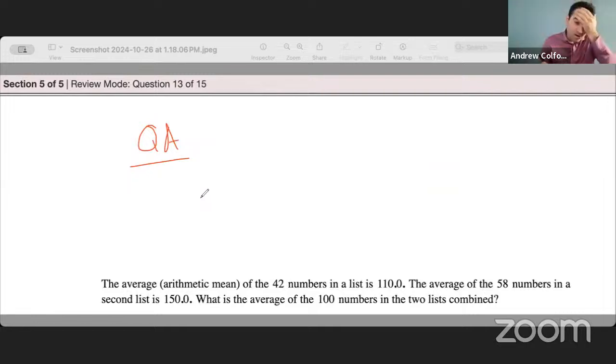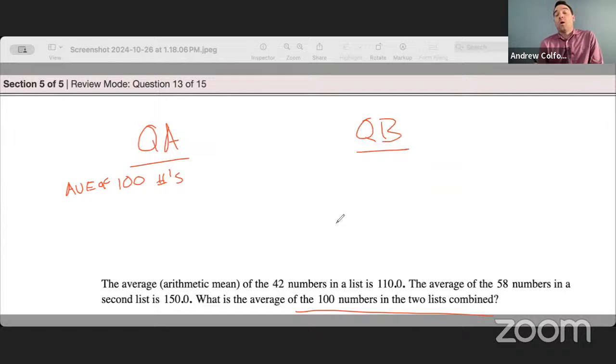Quantity A is the average of the 100 numbers in the two lists combined. Quantity B is, wait for it, 130.